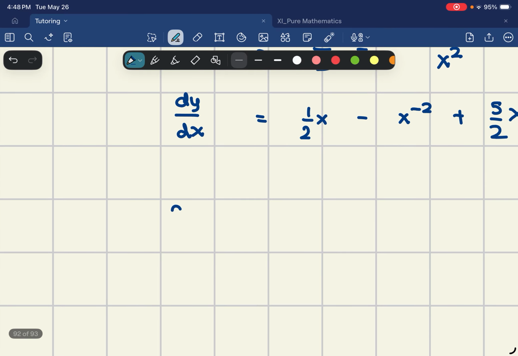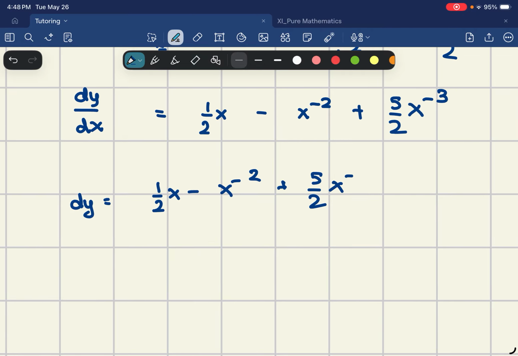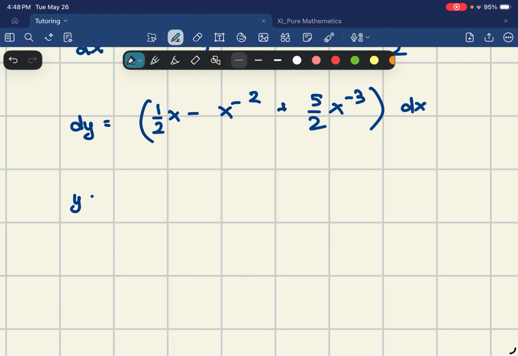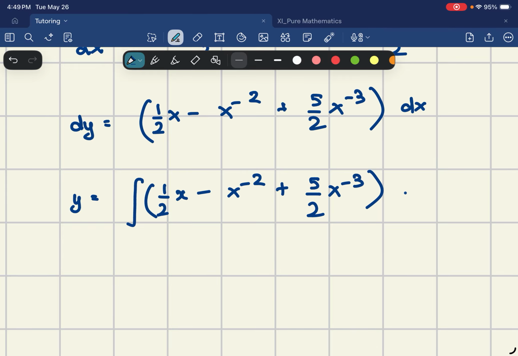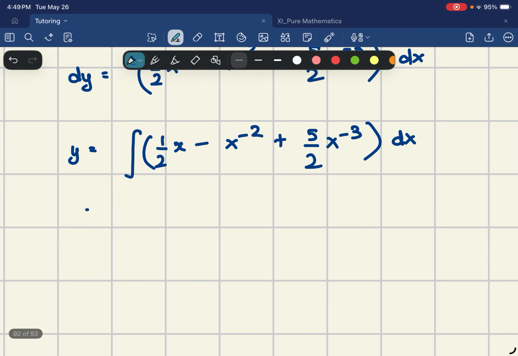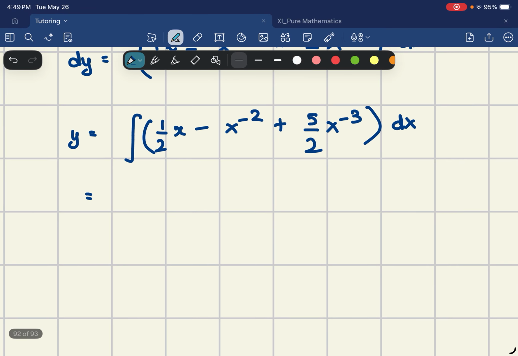Now, dy is going to be half x minus x to the power minus 2 plus 5 over 2 x to the power minus 3 times dx. So now y is just going to be integration of my right hand side. Alright, so now you can do everything separately.